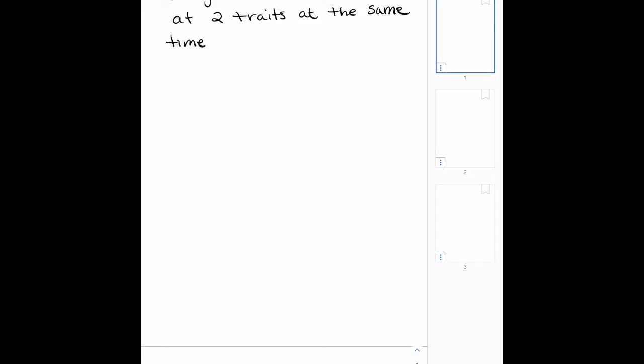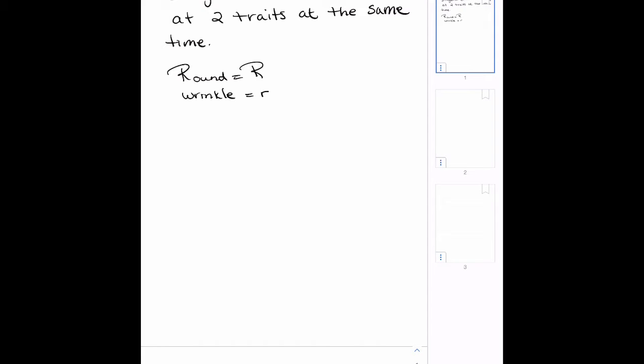So if we looked at what Mendel was looking at, he was looking at pea color, pea shape, and height of pea plants. Sorry, guys, a little late, excuse me. Let's say he was looking at round, which is dominant, versus wrinkly, which is recessive.